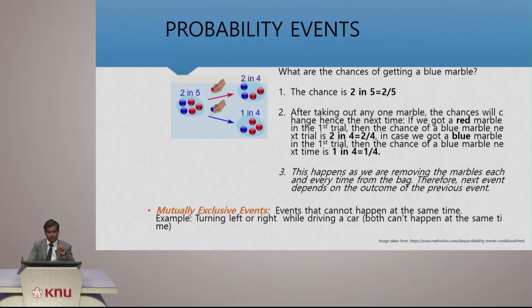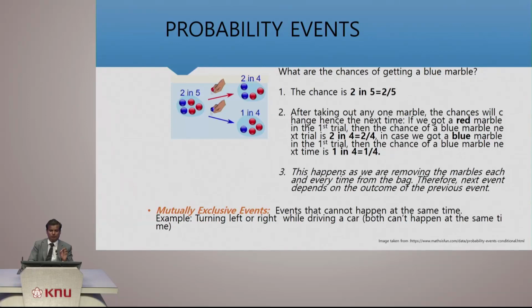Suppose after taking out 1 marble, the chance changes the next time. So if you get a red marble in the first trial, then the chance of a blue marble will be 2 in 4, because a red marble has been chosen already.